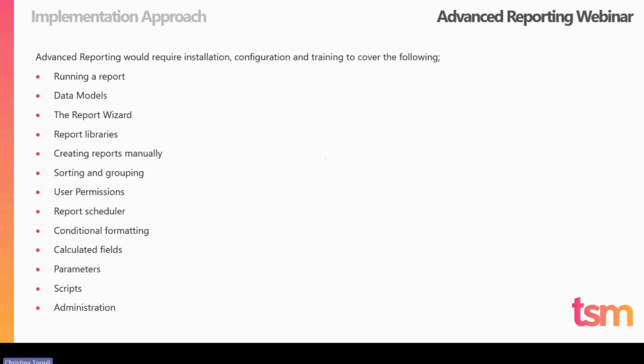So it doesn't get installed by default when you're installing patches. There's an extra element that needs to be installed for you to have access to advanced reporting. Once it's been installed, then you need to grant permissions so you can actually see it within the drop down. But obviously there's an additional element of configuration.